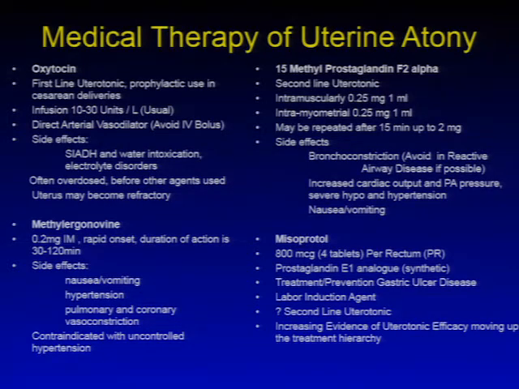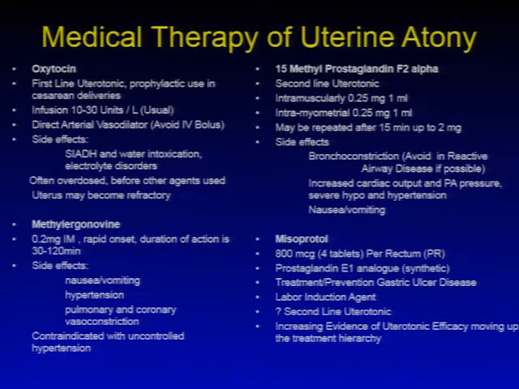Secondary medical therapy includes methylergonovine, and it also has its side effects and is relatively contraindicated with uncontrolled hypertension. The prostaglandin F2 alpha is also a second-line uterotonic that is generally administered intramuscularly but can be intramyometrially. Its most concerning side effect is in asthmatics, in which it could cause bronchoconstriction.